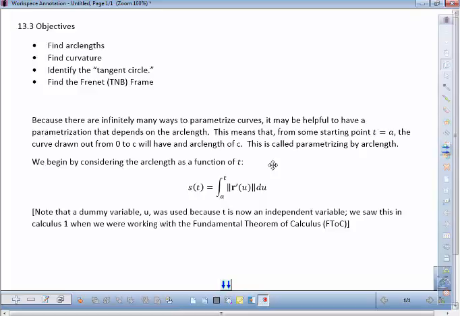But there's one special way to parameterize any curve, and it's called parametrizing by arc length.